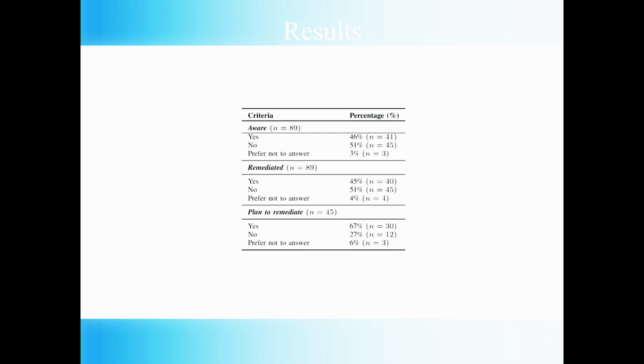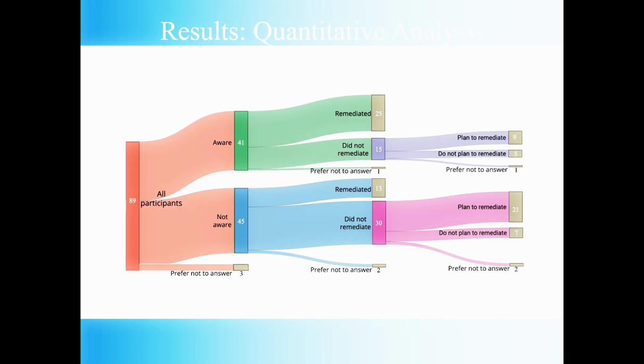So we wanted to cut down this data further so that we can see the percentage of those that decided to remediate when they were aware, and those that decided not to when they were aware, and same thing for those who weren't aware of the vulnerability. Now, there are multiple things to notice here.